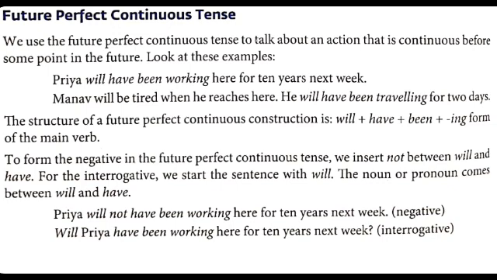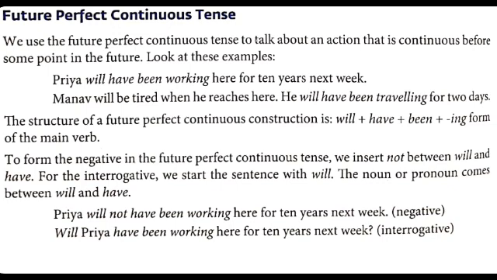Now, in order to form the negative in the future perfect continuous tense, we insert not between will and have. For example, Priya will not have been working here for 10 years next week. So it is the subject plus will plus not plus have plus been plus the ing form of the main verb.